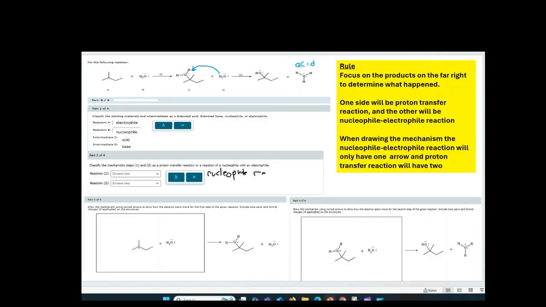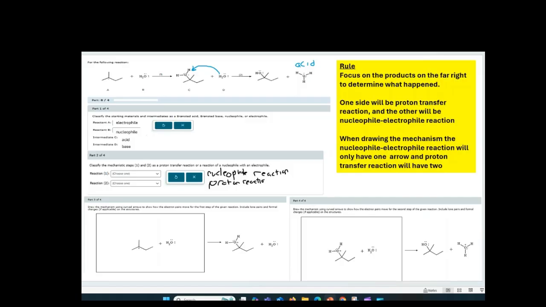Sorry if my scribbling is kind of messed up on here. And then by process of elimination, because you're only going to have two choices, the nucleophile-electrophile reaction, the other is going to be the proton transfer. That's where the acid and bases are created. So right here, I'll just write proton reaction. Really, you'll see proton transfer reaction, but I'll just leave it at proton reaction.